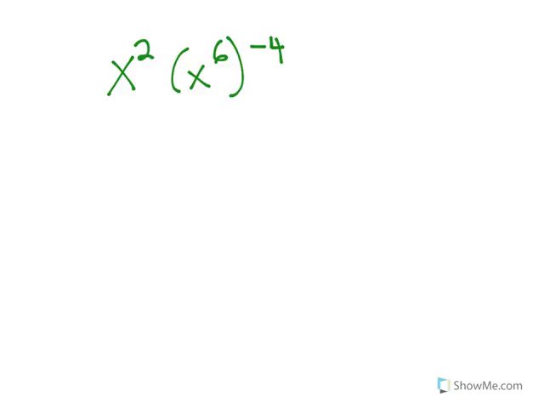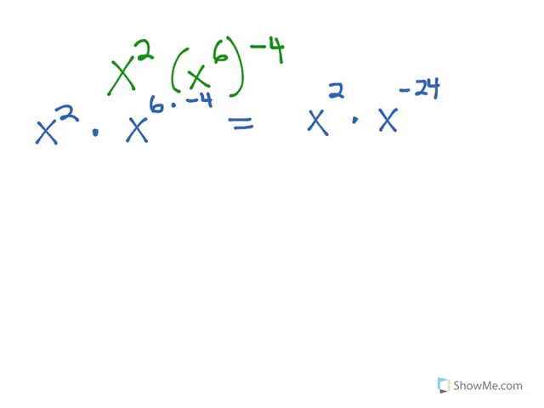Here's another example. We have x to the second times x to the sixth, which is raised to the negative 4 power. In order to simplify that, I have x to the second times x to the 6 times negative 4, which is equal to x to the second times x to the negative 24.